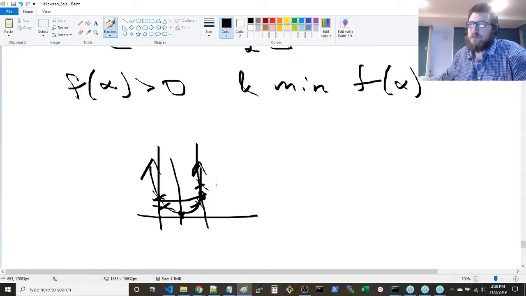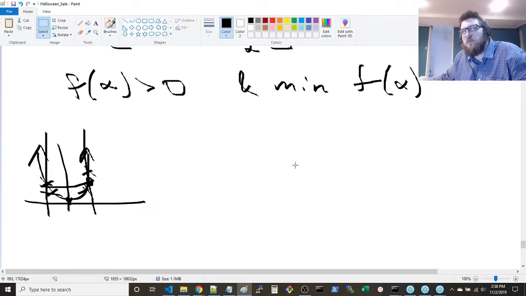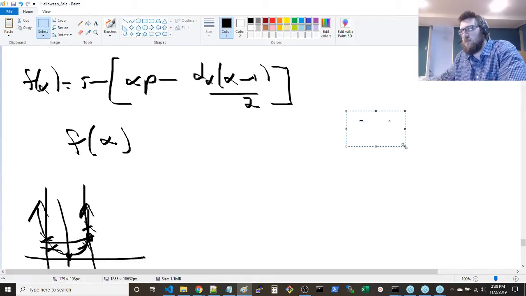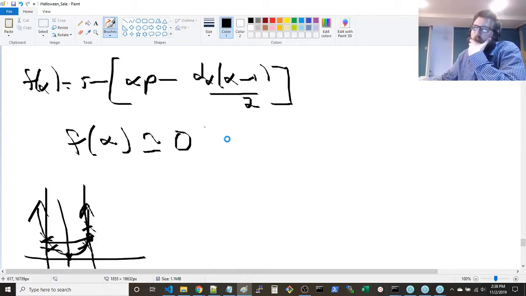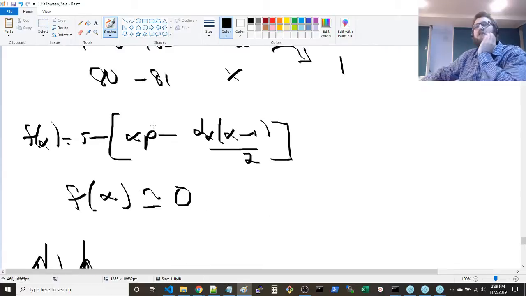One integer above, one integer below, which is a little confusing, but that's actually what we should be looking for, is when f alpha equals 0. It's confusing, but I think I understand.